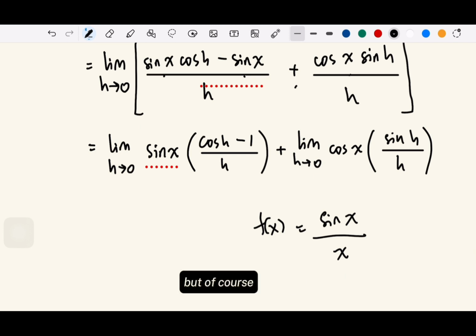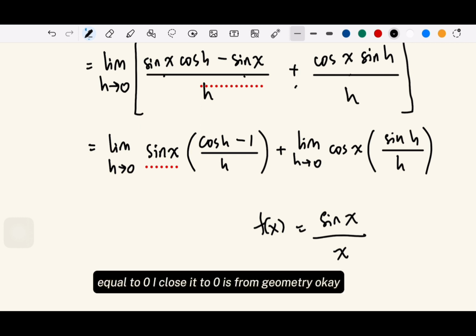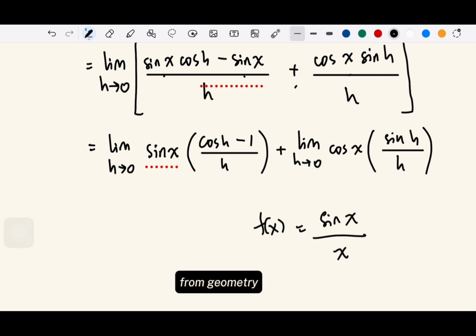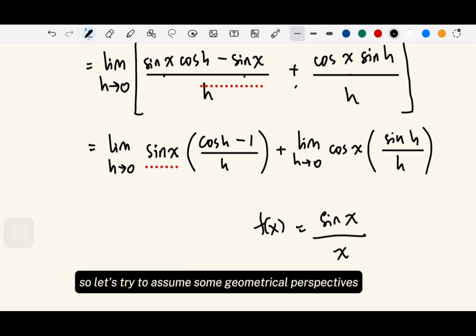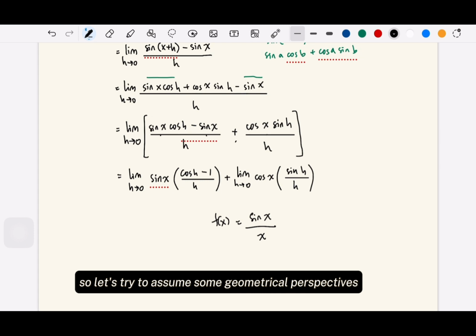But of course, that is just from the graph, from visuals. But we need more proof. Right? So the best way to check this, taking the limit as x gets closer to 0, is from geometry. So let's try to assume some geometrical perspectives.